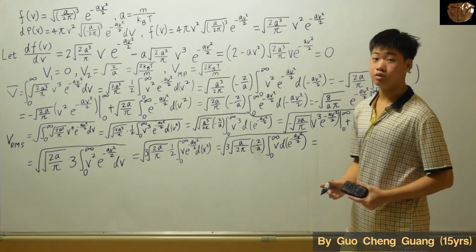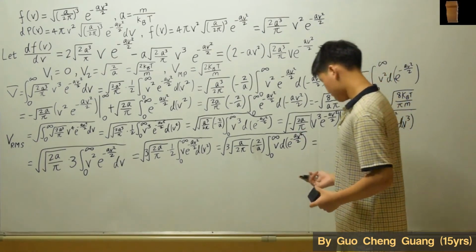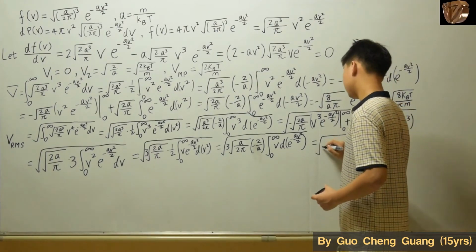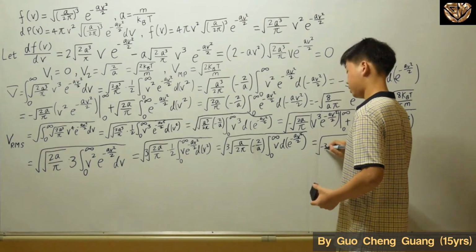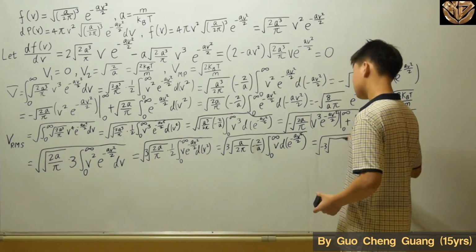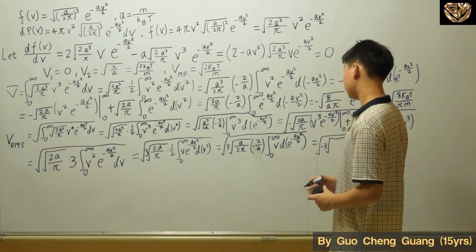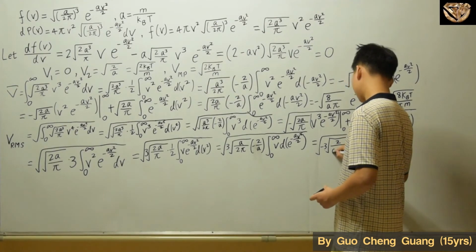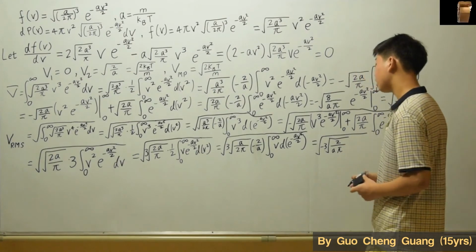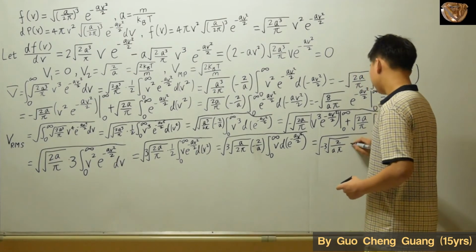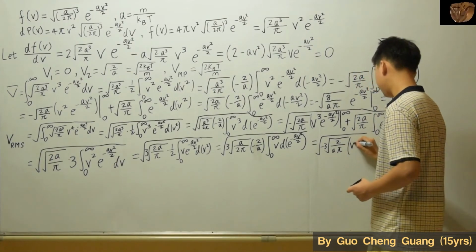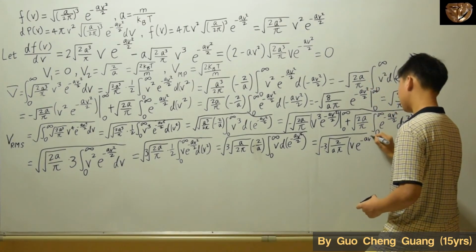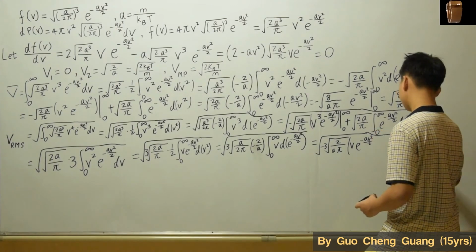Now we are going to use the integral by parts. So negative 3 again we leave on the outside. So square root, you're going to have 2 over a pi. Then v e to the power negative av square over 2.